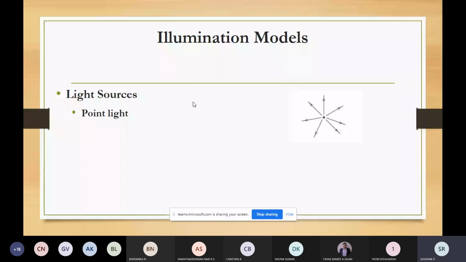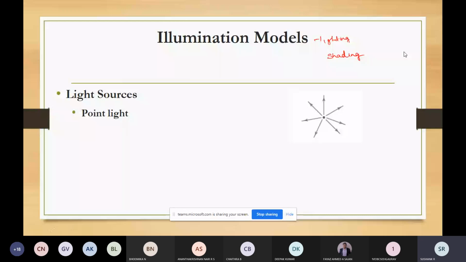This illumination model is also known as the lighting model, and some will call it the shading model. Why do we use this illumination model?